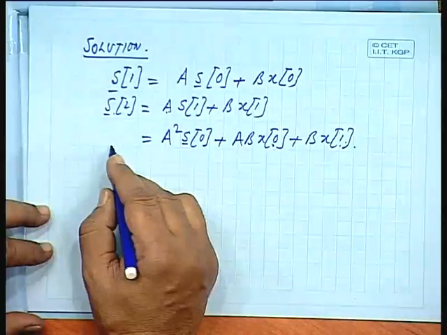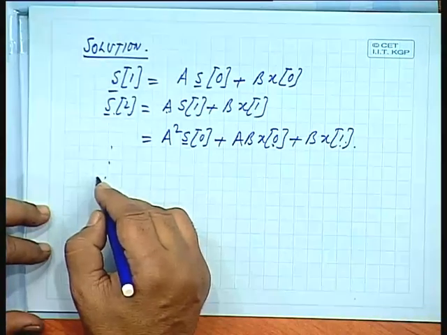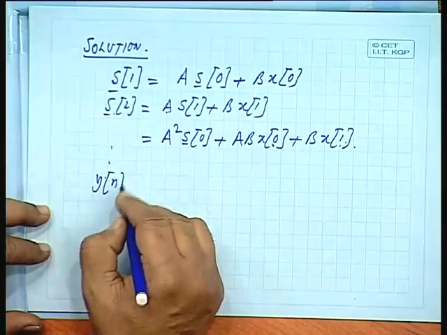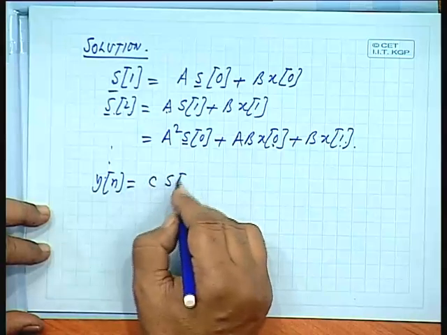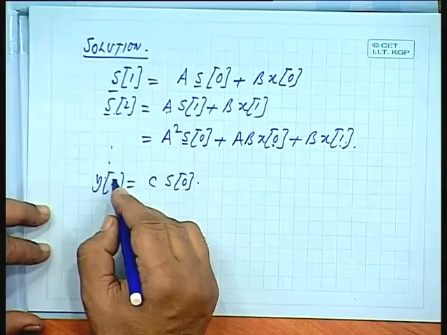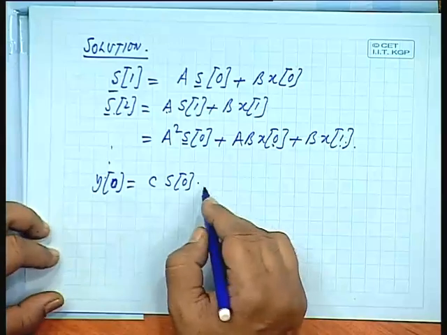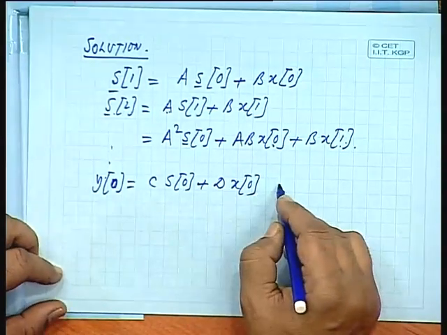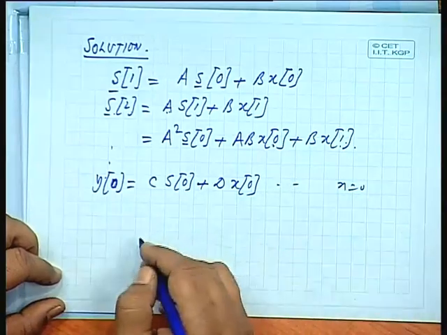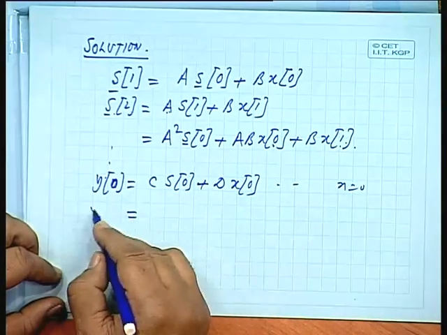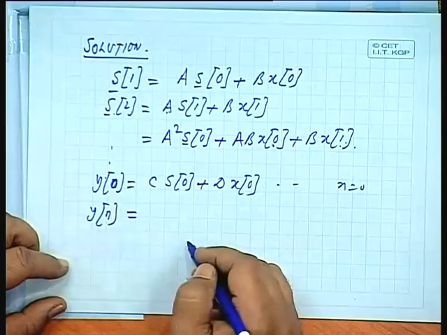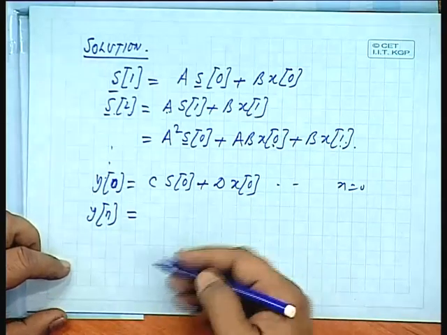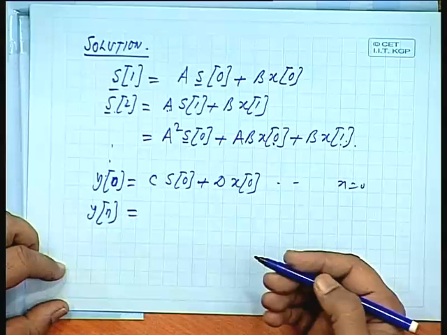So, you have it like this, and y n output will be C into S naught plus D into X naught. This is for n is equal to 0. And if I compute for other values of n, y n, I will have to keep on taking S1, S2 and all the terms.